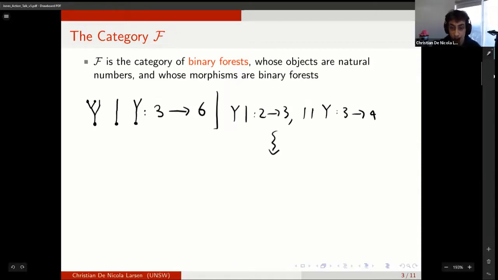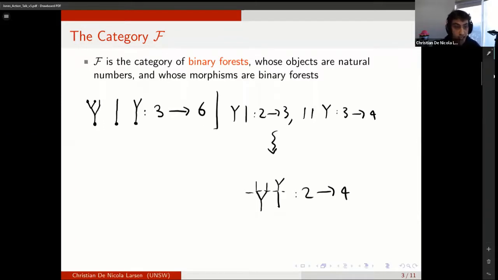I take this tree, I draw it, maybe I'll give myself a bit more room, and on top of it, I'll put the tree on the right, and that's going to give me this. This is going to end up being a morphism from 2 to 4. So that's how composition works.